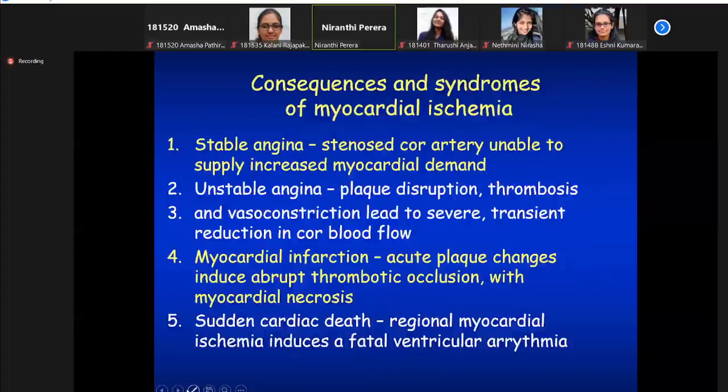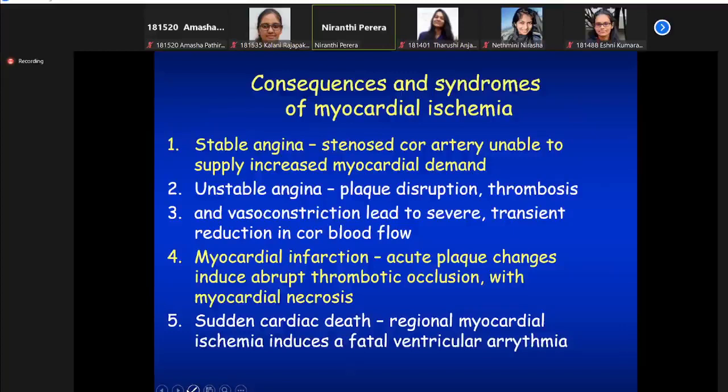So what are the things? Okay, here's stable angina. That means a stenosed coronary artery unable to supply increased myocardial demand. What is unstable angina? It is plaque disruption with thrombosis. If you have vasospasm, then you will get constriction leading to a severe transient reduction in the coronary blood flow.